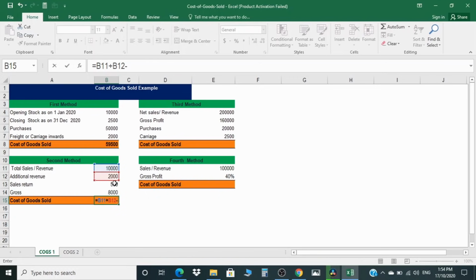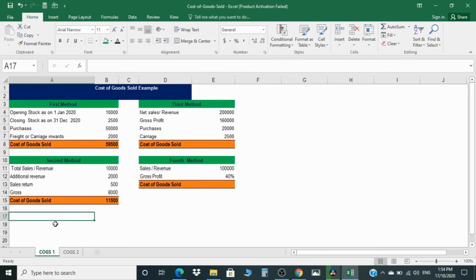So we minus this return, and as I told you before in the format, when you deduct gross profit from the sale, you will get your cost of goods sold, and when you deduct cost of goods sold from the sale, you will get your gross profit. So that's 11,500.